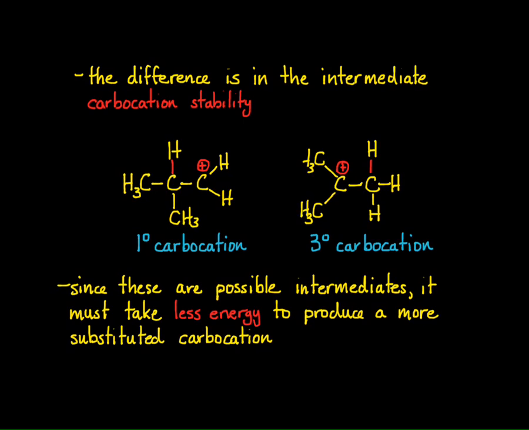And therefore, we can think about the stability of the carbocations. Remember, these still are not stable, but when you're looking at an intermediate in a pathway a reaction can undertake, the more stable the intermediate, the faster the reaction goes because less energy is required to actually produce that intermediate.